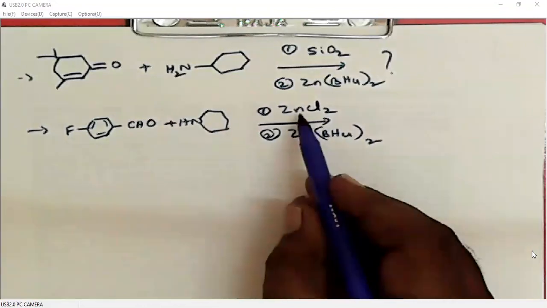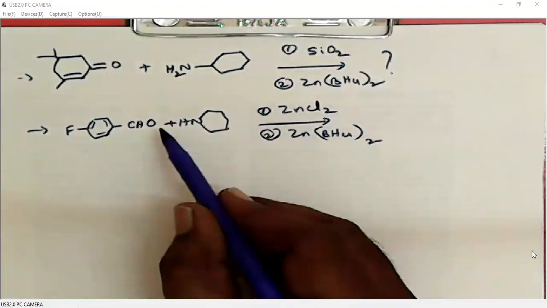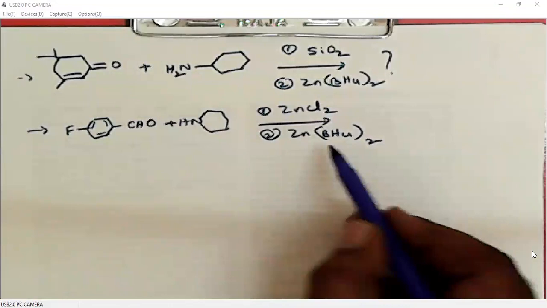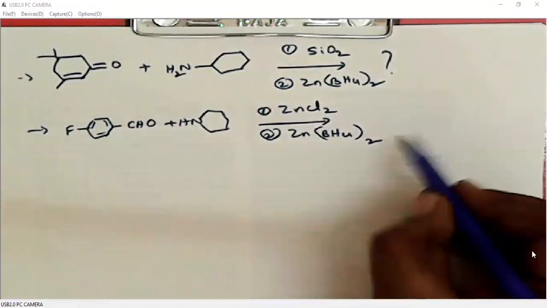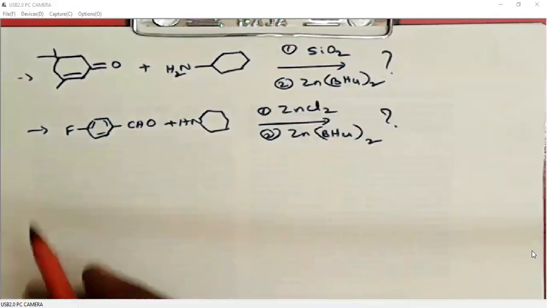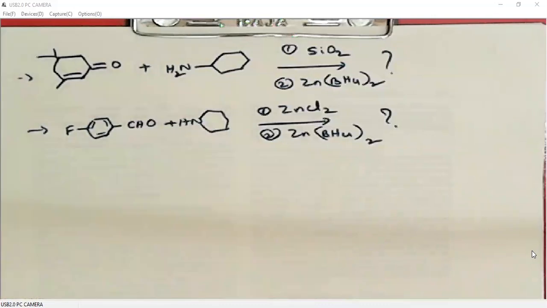So the Lewis acid facilitates the formation of imine very easily, so we will get more imine. If you have more imine, then we can easily reduce that to the corresponding amine. So I'm not giving the products here. Take these two problems, then we will discuss selectrides.